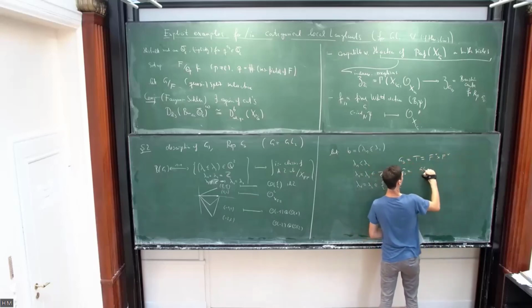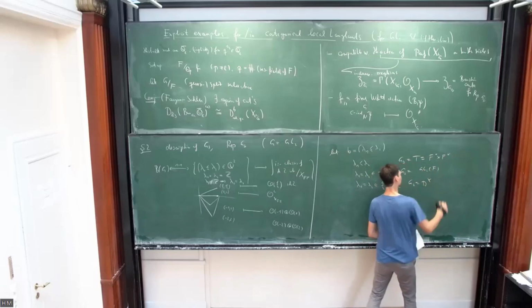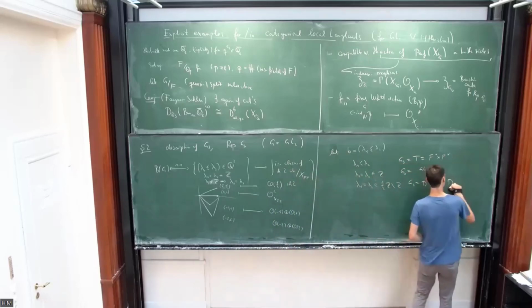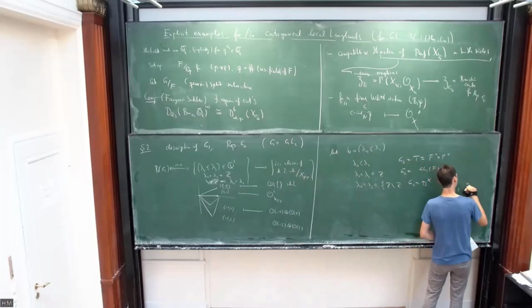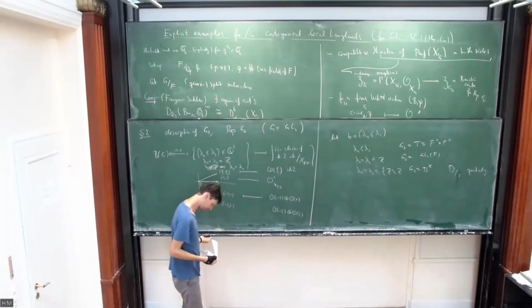In the second case, V_B is GL2 of F. And in the third case, V_B is D star, where D is a non-split quaternion algebra. D of F coherent. Okay, so that's relatively easy.